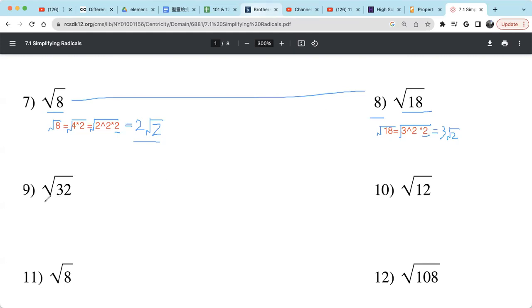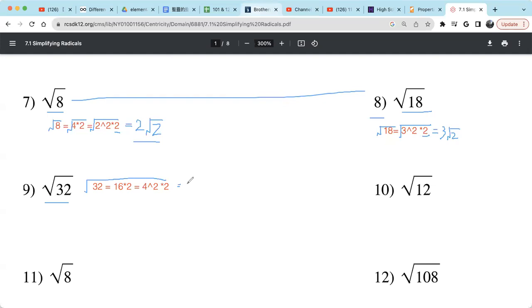Let's see 32. If you can do it faster, you can leave in the chat to tell me what is your answer. So 32 is 16 times 2, which is 4 squared times 2. It's also related with the square root of 2. Right? So if I take the square root, what do I get?